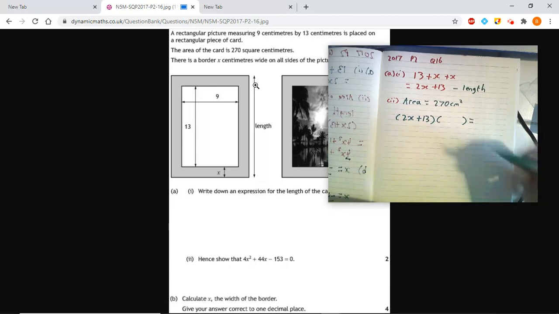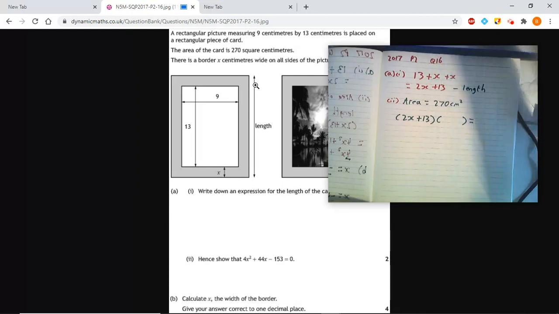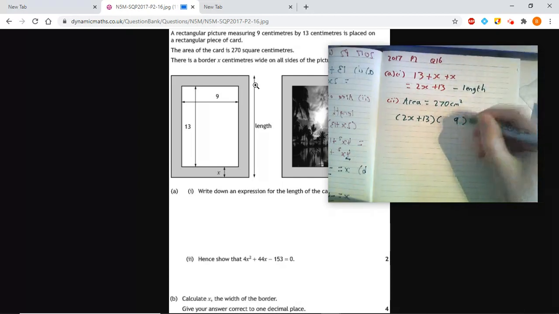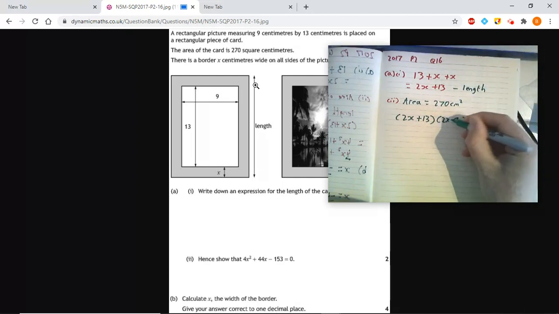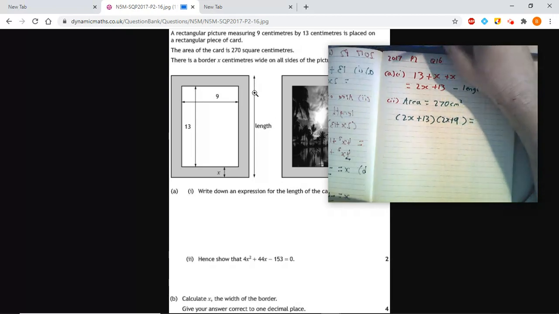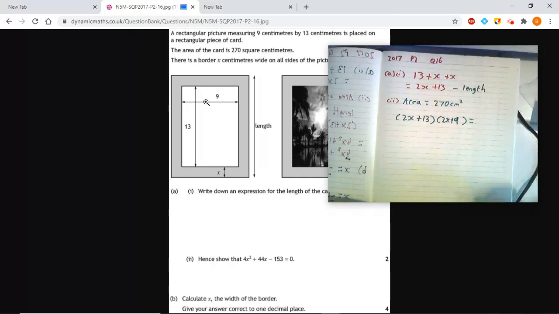Okay, so hopefully you've realized that the width is going to involve 9, and it's actually going to be 2x plus 9. Again, that's going to be an x on one side, an x on the other side, and then the 9 in length. So x plus 9 plus x would be 2x plus 9.